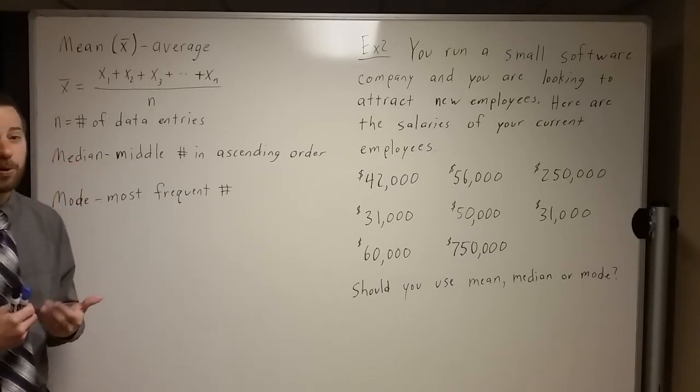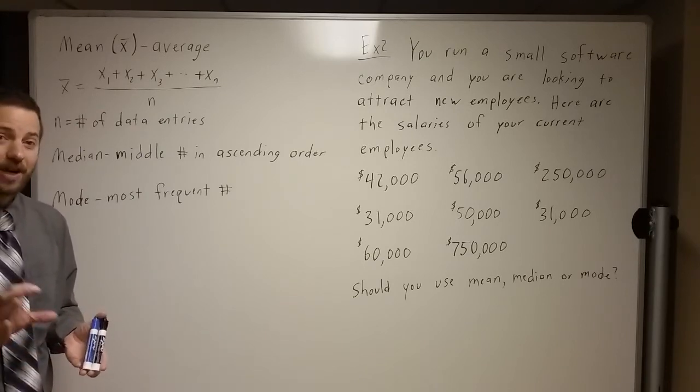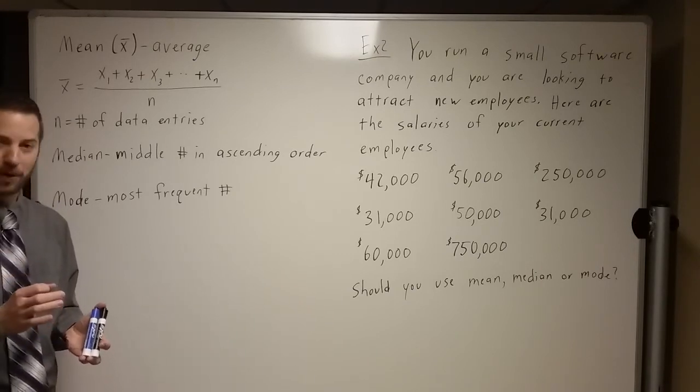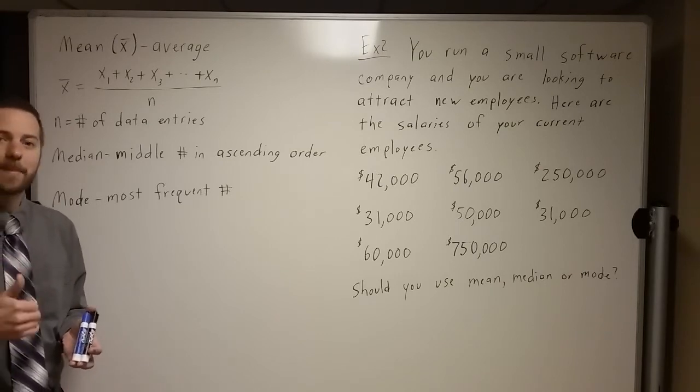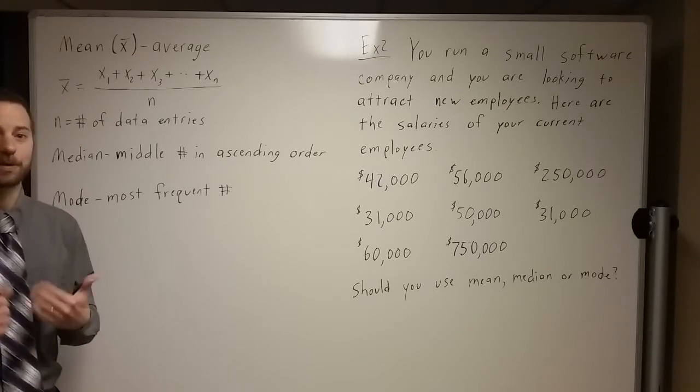Which one you report is really based on what you're trying to get people to know, and how ethical you are as a statistician as well, because you can really do some stuff with statistics to make your viewpoint seem more likely than it probably is.